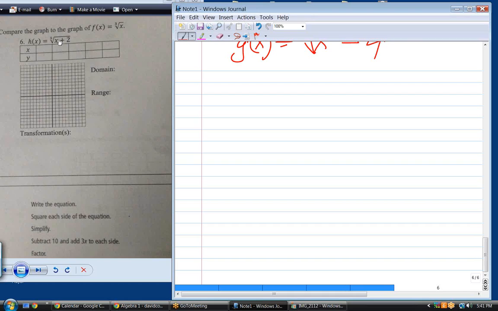What is the difference between this function and this function? What transformation is going to happen? Vertical up 2. Oh. Remember that it's only vertical if it's after the function. If it's inside the function, it's horizontal. Oh, horizontal. Which way?